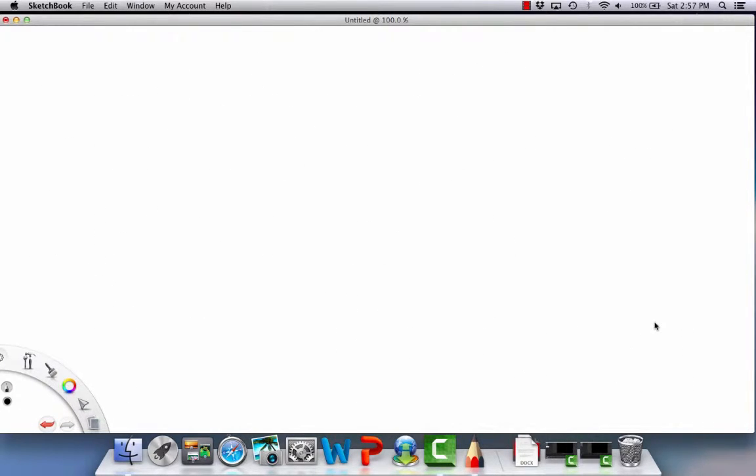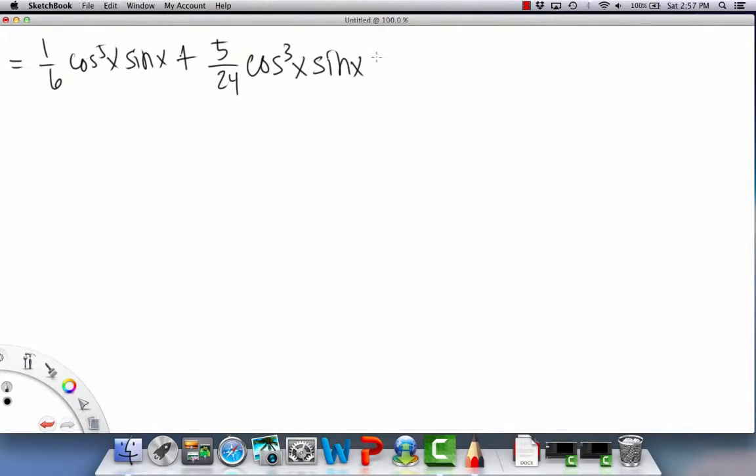I'm going to go on to the next page and write the next line. Everything in front that we've already integrated stays the same: cosine to the 5th x sine x plus, now I'm just going to distribute the numbers we had before, so that's 5 over 24 cosine to the 3rd x sine x. And then when you integrate cosine squared x, we apply the double angle formula, which can be found in your book and on the previous concepts video.